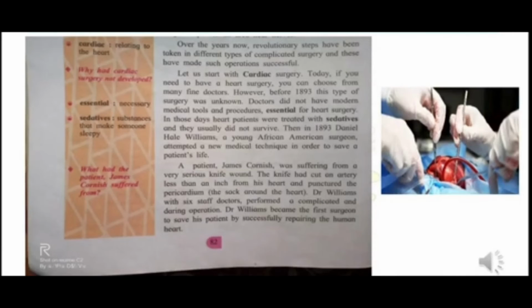However, before 1893, this type of surgery was unknown. Doctors did not have modern medical tools and procedures essential for heart surgery. In those days, heart patients were treated with sedatives and they usually did not survive.